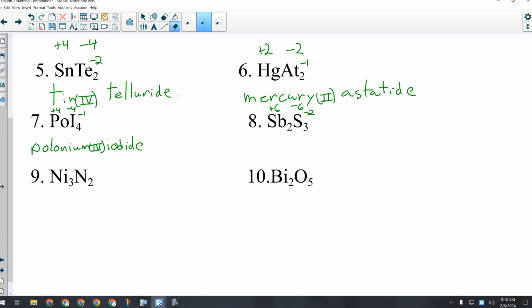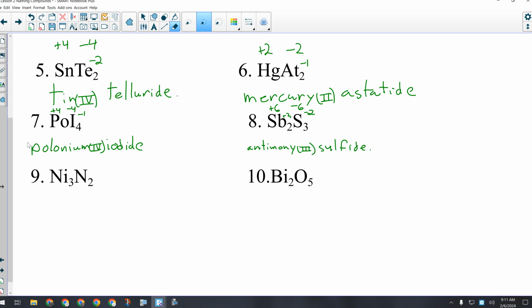So what's the charge on each antimony atom? 3. 6 divided by 2 is 3. Okay, so this is a +3, so we will have antimony 1, 2, 3. Okay, sulfide. Okay, questions on that one? That one's a bit trickier because you actually have to do some multiplying and dividing on that one.